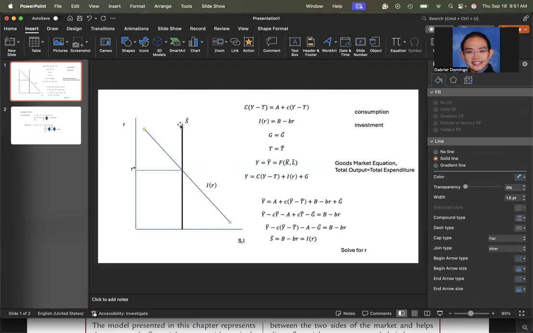So how can we show that? Here are your equations. Your first equation here, I'm going to color this red. Here's your consumption function.